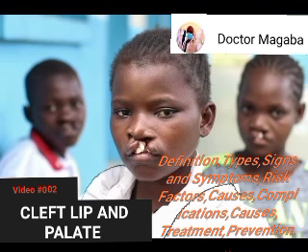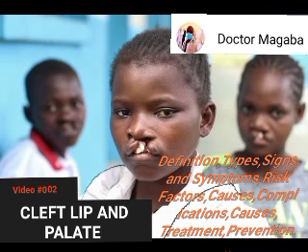So let me go and talk about the types of cleft lip and palate, taking them together. Whichever type the child has will determine the kind of care that he or she needs. You get it?